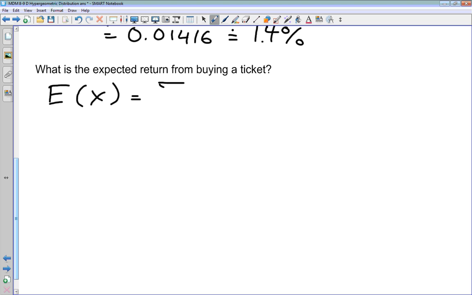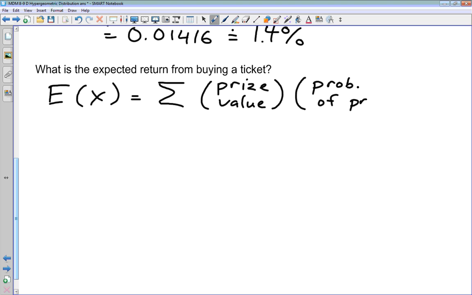We are going to sum up the values of all of these prizes, and we're going to multiply by the probability of winning that particular prize. As we're doing this, we can neglect the zero prize because its prize value is zero, so it's not going to contribute to our sum.